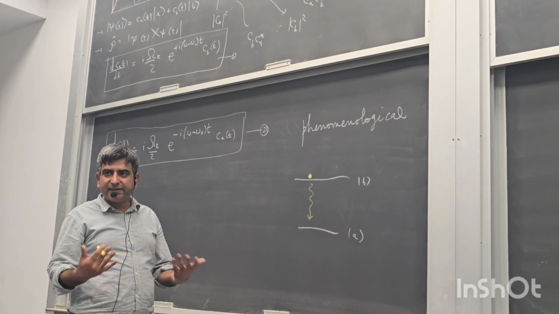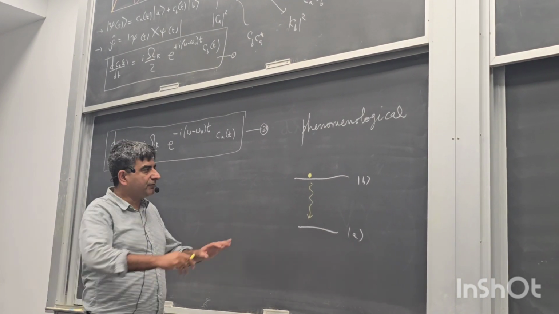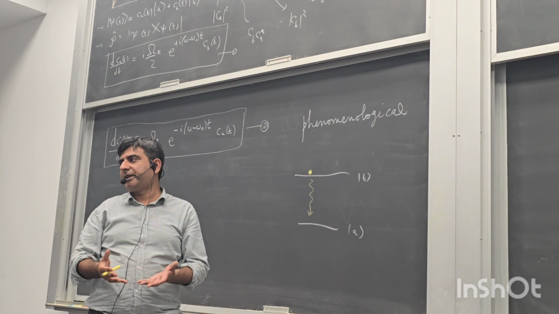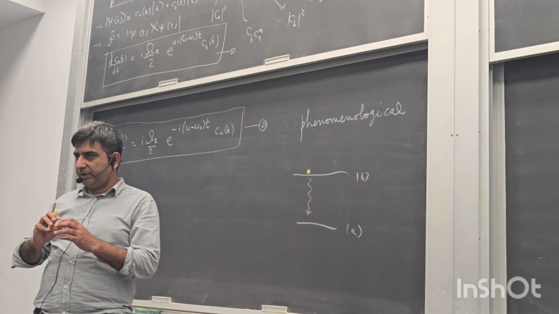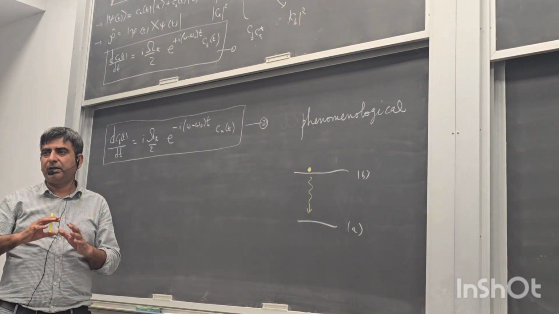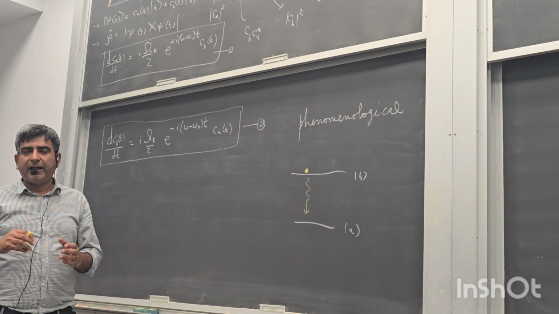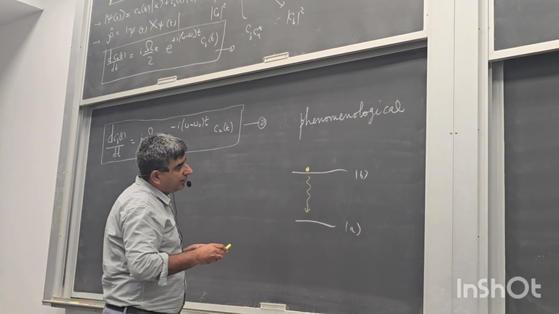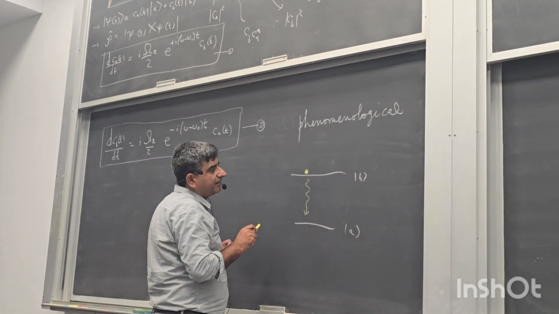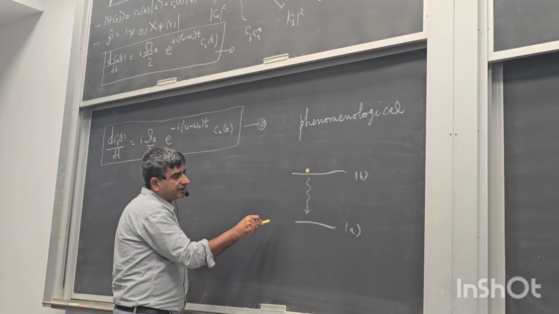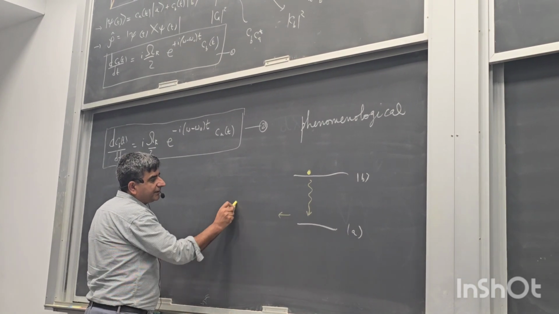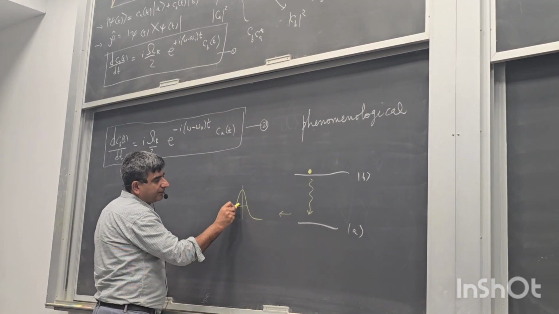So this decay is really spontaneous emission. Those photons are emitted in all possible directions, so the decay process is isotropic, and if you look at the spectrum that comes out from this atom, this leads to the broadening of a line, delta omega.